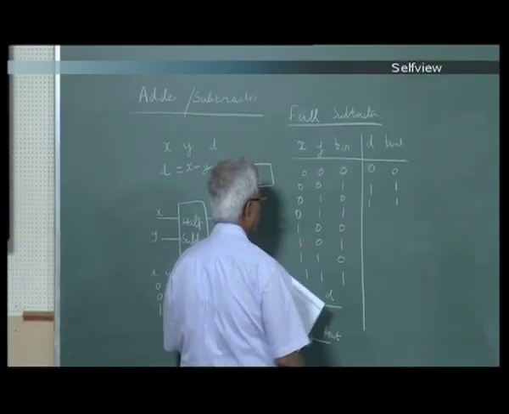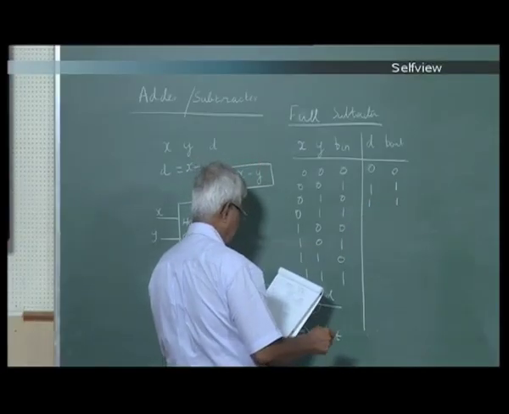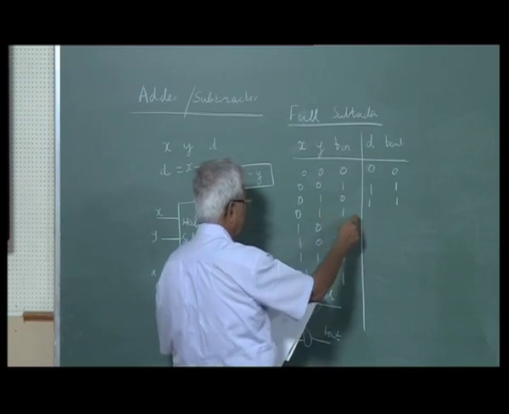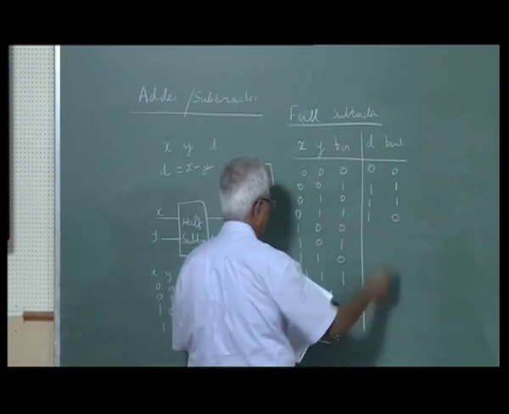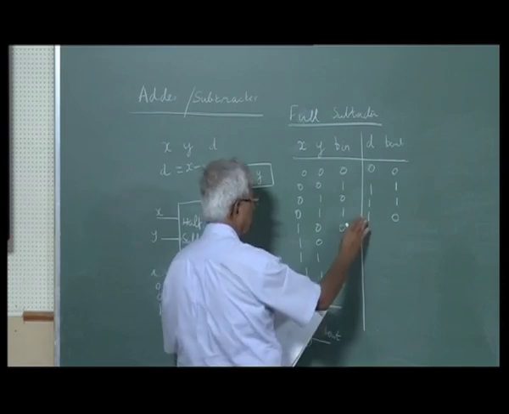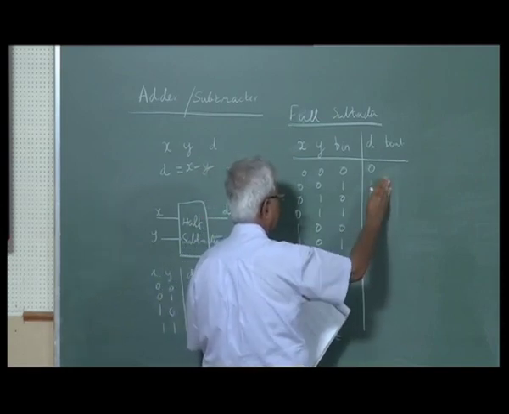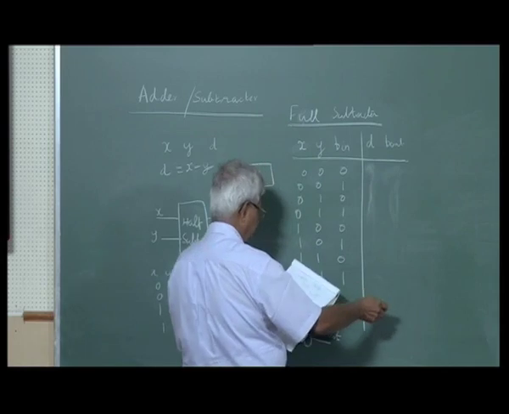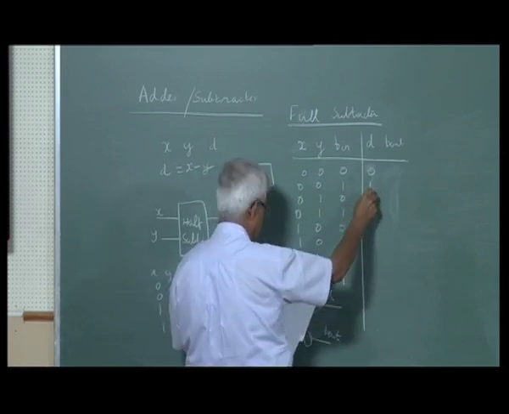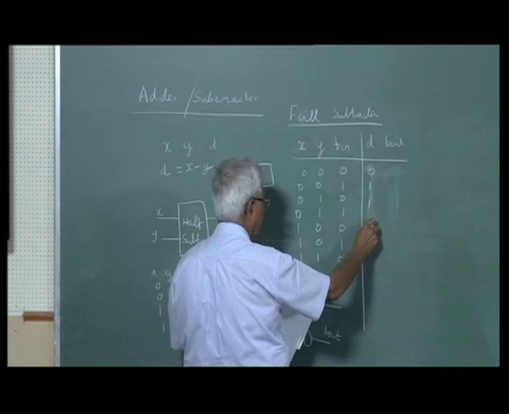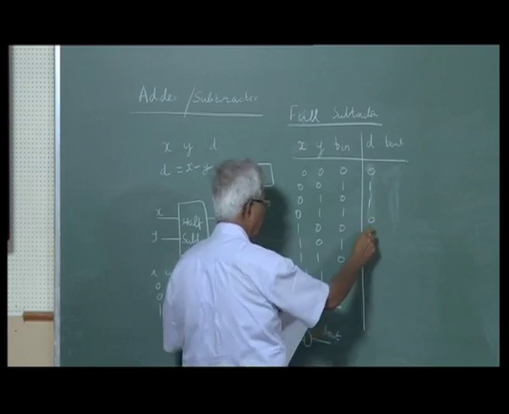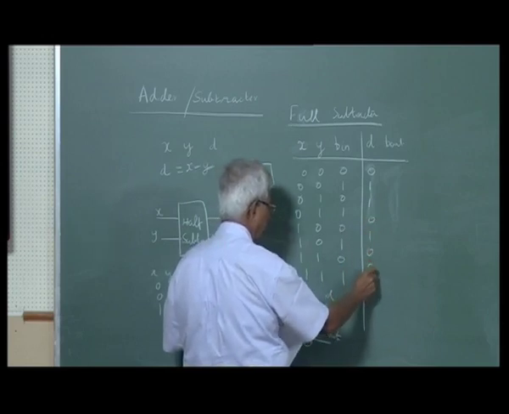Then we will have the same thing here, x is 0, this is 1, I have a 1 and a 0, 1 and a 1. Then I will have 1 and 0. Oh, I am sorry, I will put it the other way. D I will first write 0, 1, 1, 0, 1, 0, 0, 1, same as a full adder.